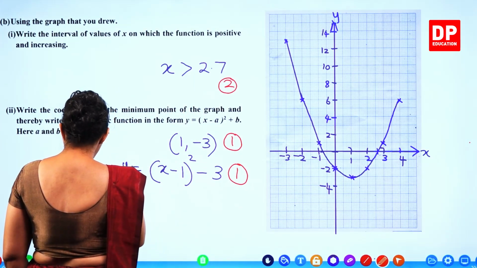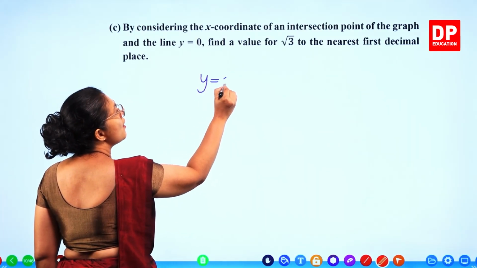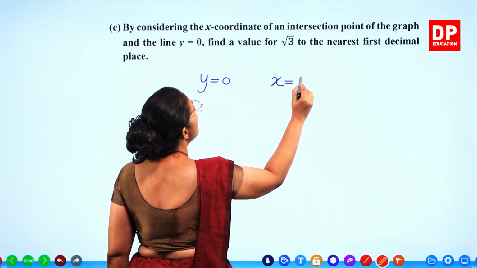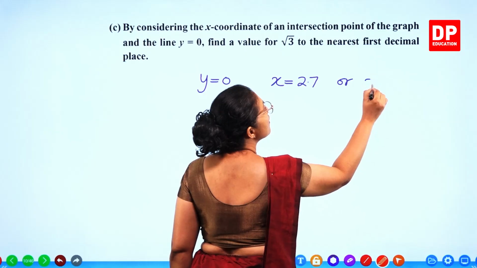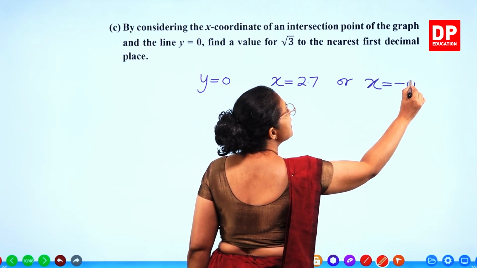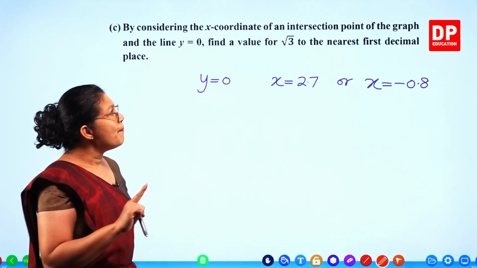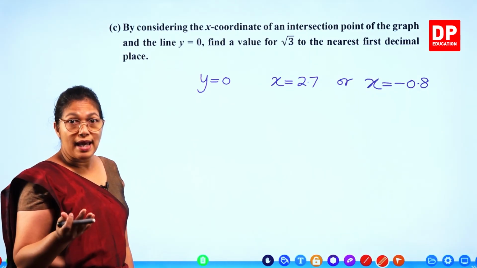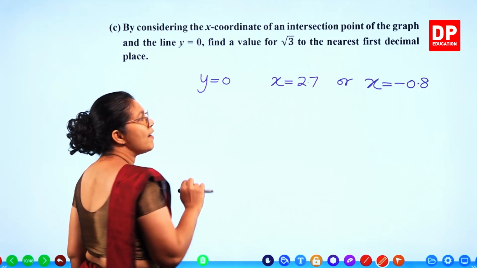So you get two values when y equals 0. So first we'll write down that y equals 0, x coordinates are either 2.7 or minus 0.8. But they want only the positive value for root 3.